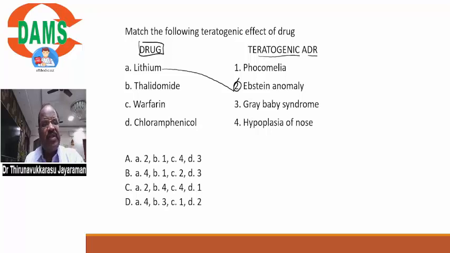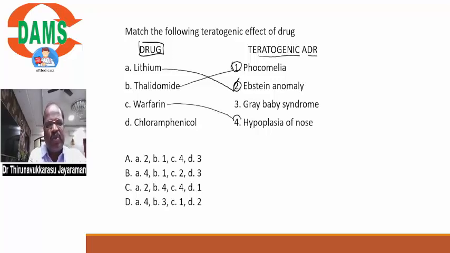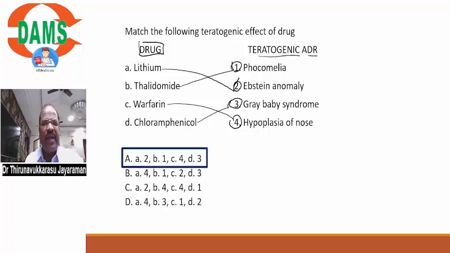In 1960s, it was used for morning sickness. Unfortunately, it causes phocomelia. So B means 1. Warfarin, an oral anticoagulant, may cause nasal bone deformity called Conradi syndrome. So C means 4. And chloramphenicol in newborn baby may risk causing gray baby syndrome. Like that they can match. That means answer will be like this.